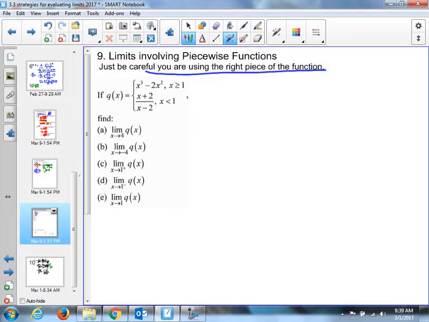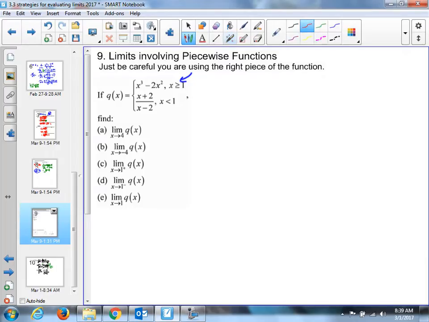It asks me to evaluate the function q of x when x approaches 4. 4, this is a no-brainer. 4 is definitely bigger than 1, right? So I'm going to rewrite this.